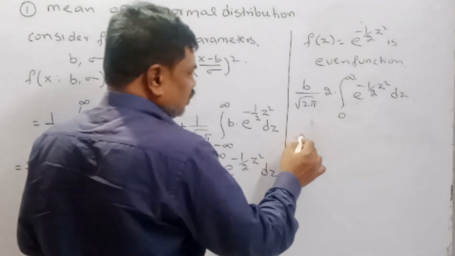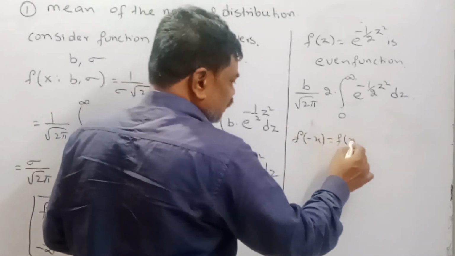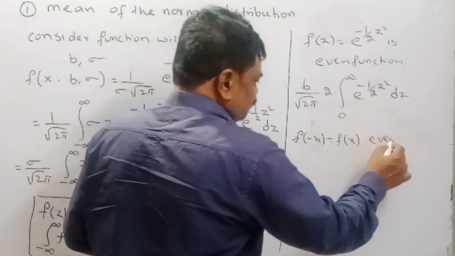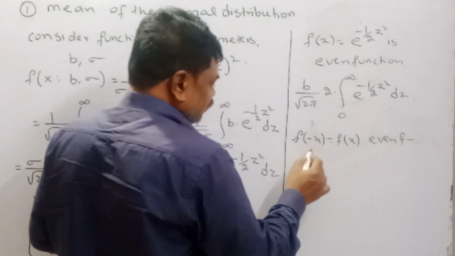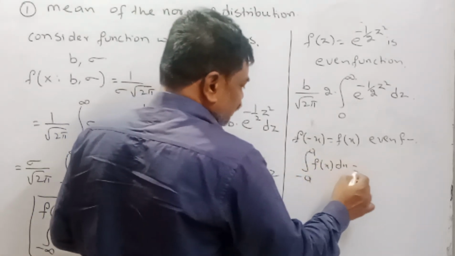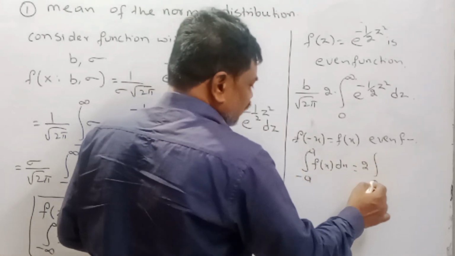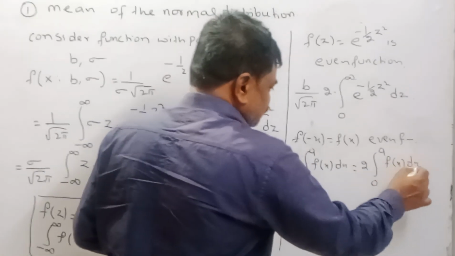Why? Because f of minus x is equal to f of x for an even function, so integral minus a to a f of x dx can be written as 2 into integral 0 to a f of x dx.